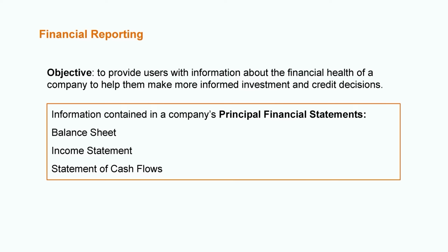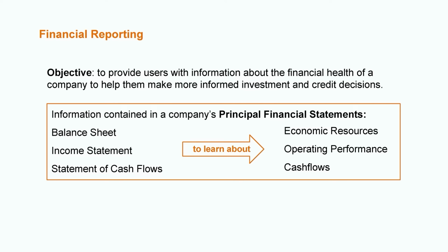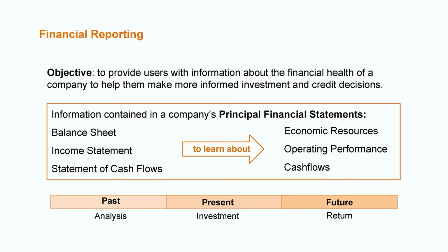Through the process of preparing and presenting this information, a company can convey information about their economic resources, operating performance, and cash flows. This gives investors and creditors the ability to use past financial information to make a present investment decision with the goal of earning a future return on their investment.